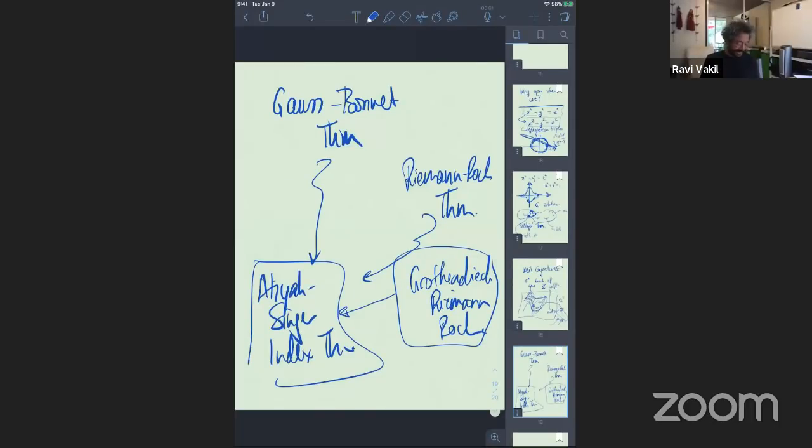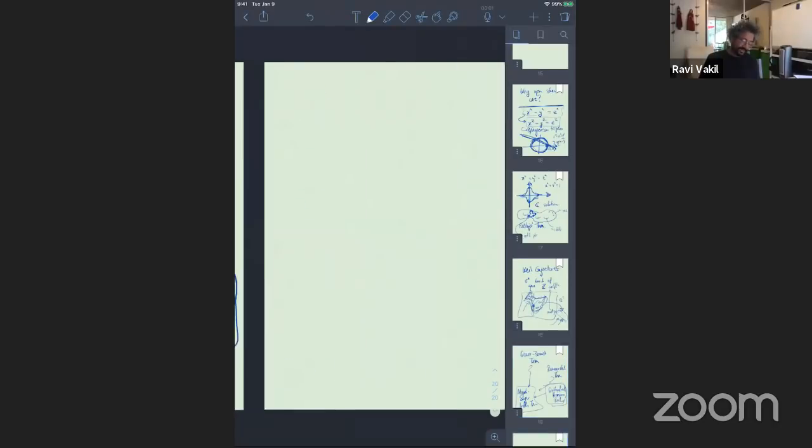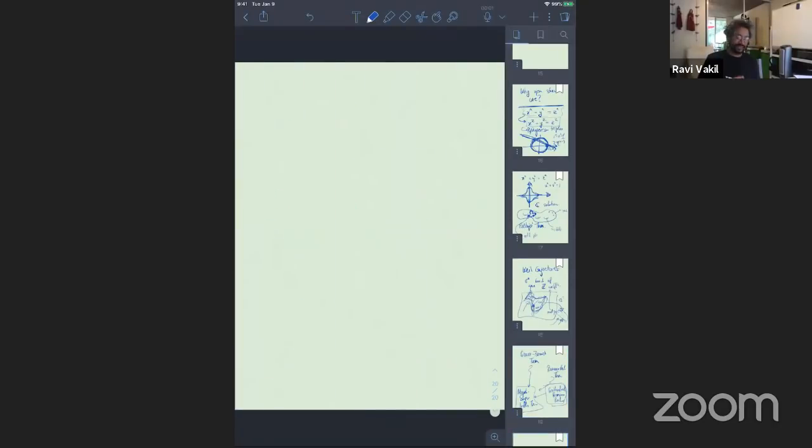I'm not belittling Atiyah and Singer by any means, of course, but what are these all about? It's about something discrete and something continuous being the same for no good reason. And so these are the kinds of things, these dramatic mingling of different parts, that I find interesting.